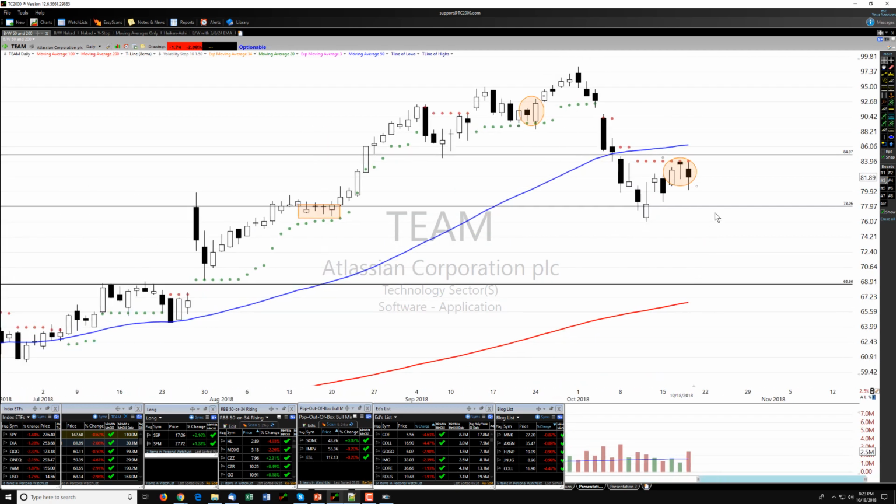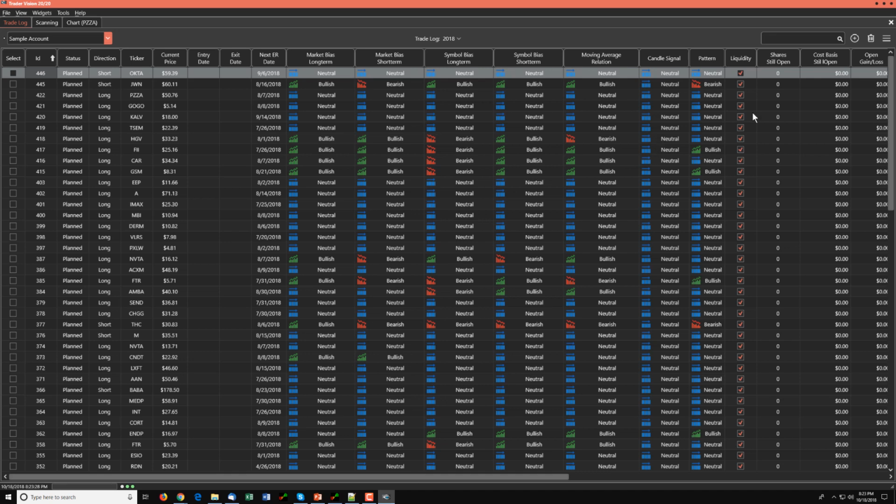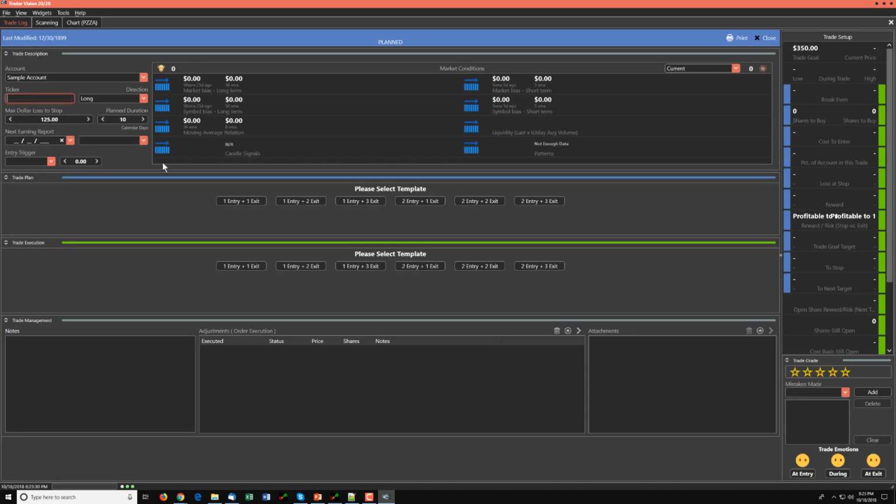So if that's my entry level, below that, which would give it plenty of fall there, this would still give us 12-13% there. So this one's probably going to pan out. Let's go ahead and figure this out. Team short.